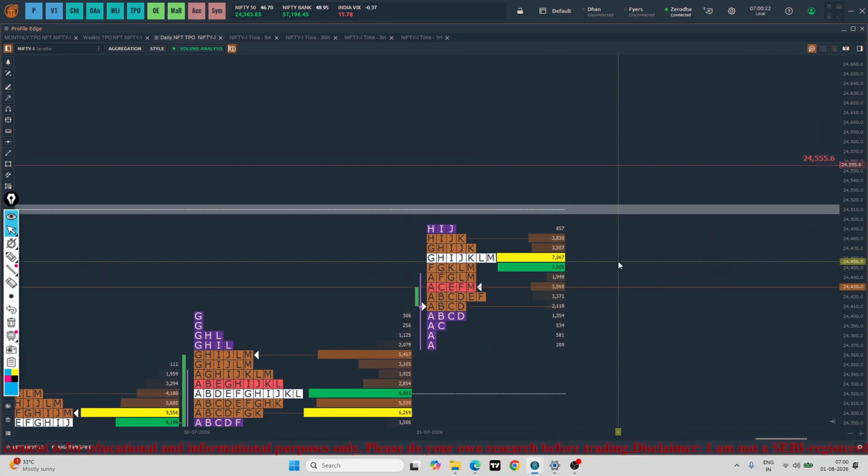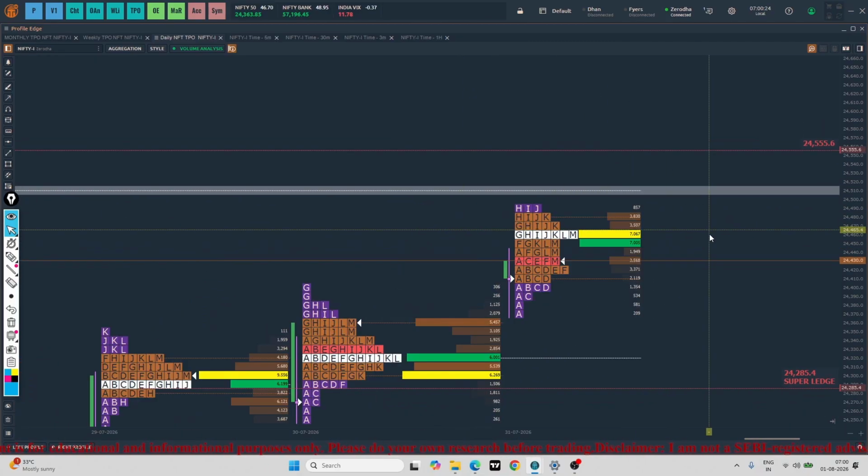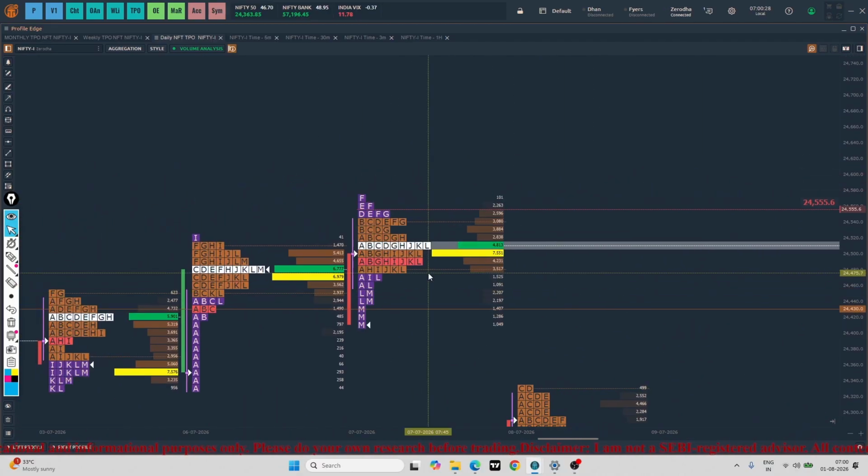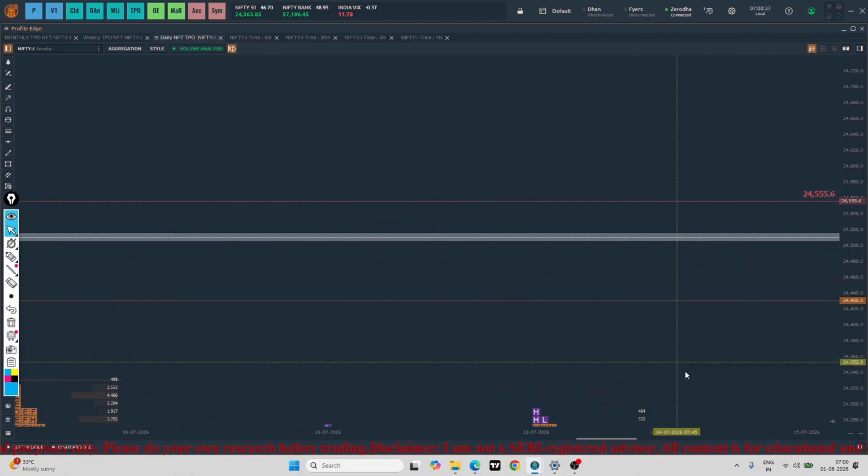And on Monday, what are going to be the levels? On Monday, I have two different levels on the top side. You can see this profile has a POC, and this is the prominent POC. This prominent POC is my first target if the market opens above the levels.